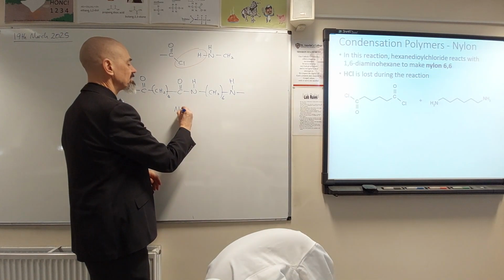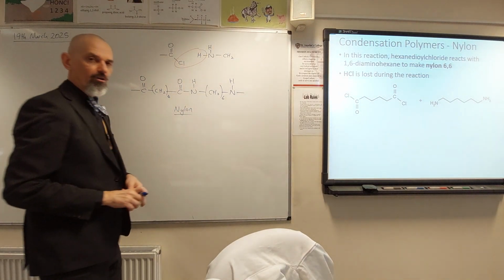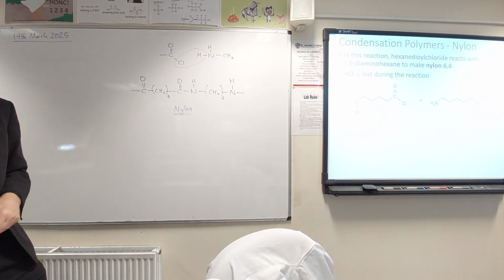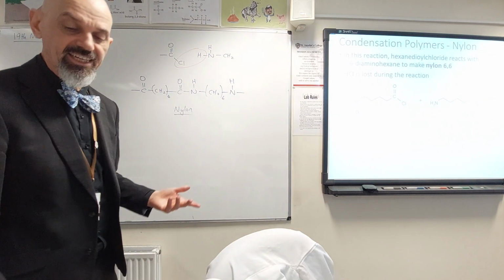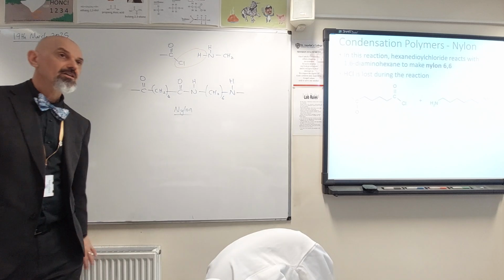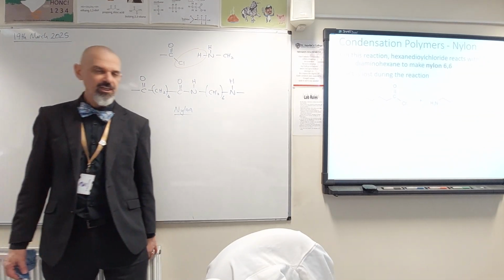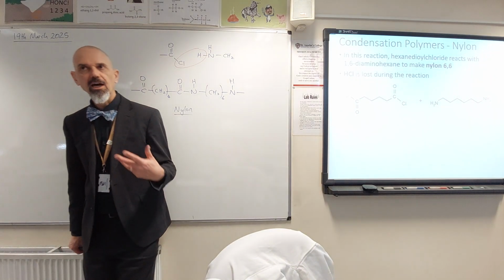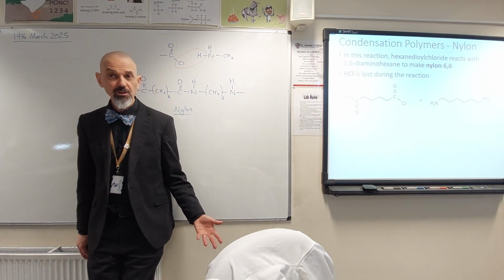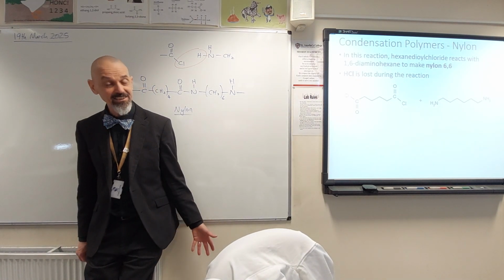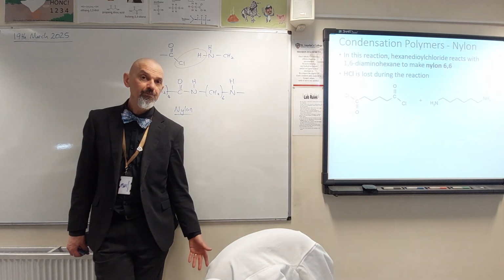So polyamides are often referred to as nylons. Nylons again are tough fibers that are used for clothing, usually for tougher clothing like outdoor coats, tough outdoor coats or tents or sailcloth.